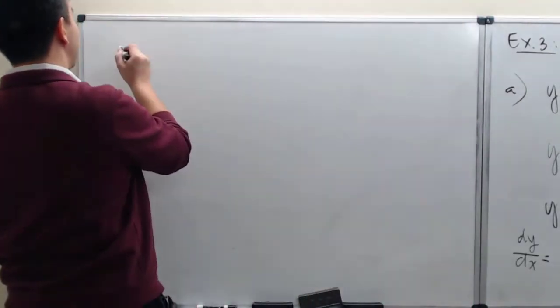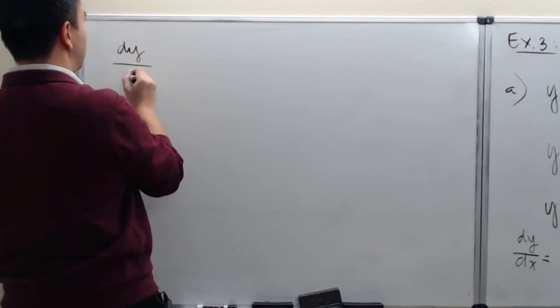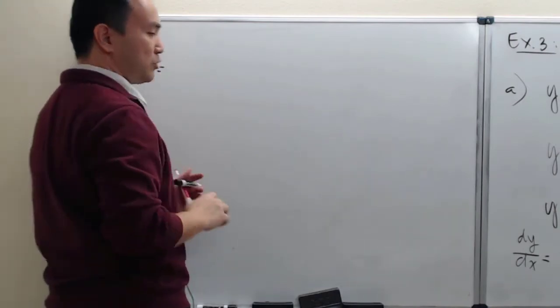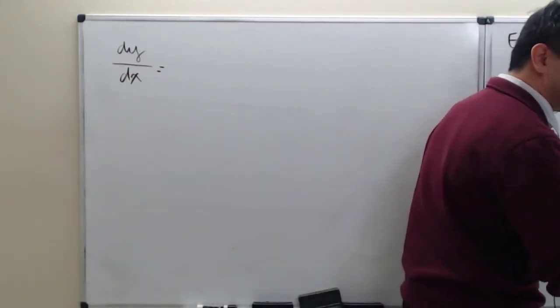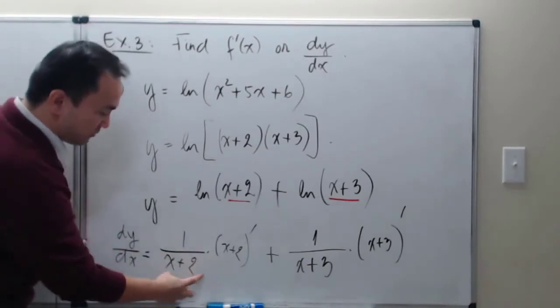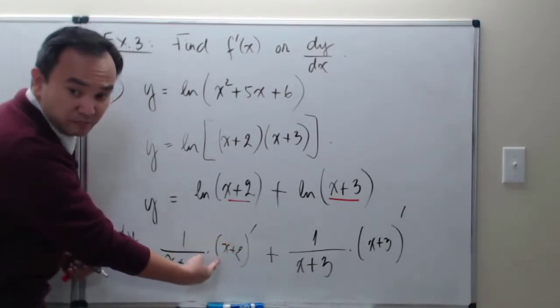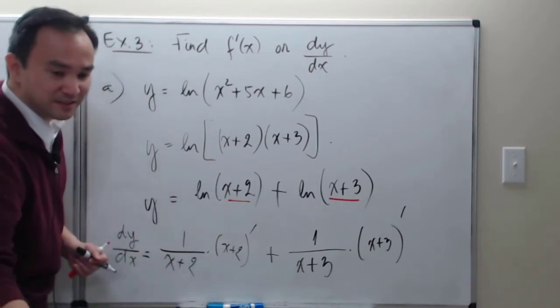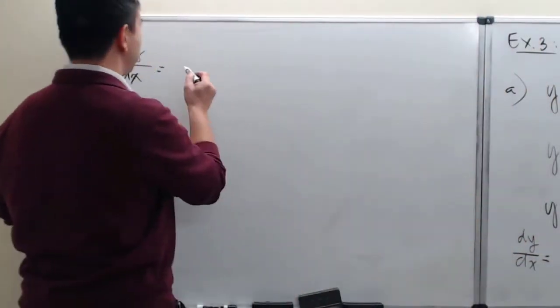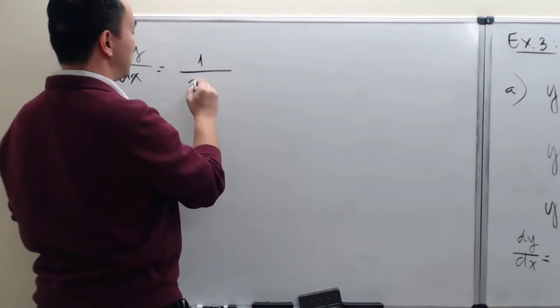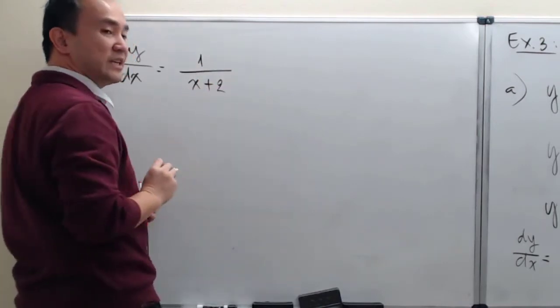So one more time, let's swing back to the other board. The next thing we need to do for that term is take that derivative, but that simply becomes a 1. All right. So now this is just simply 1 over x plus 2. That's it. I don't have to write times 1.